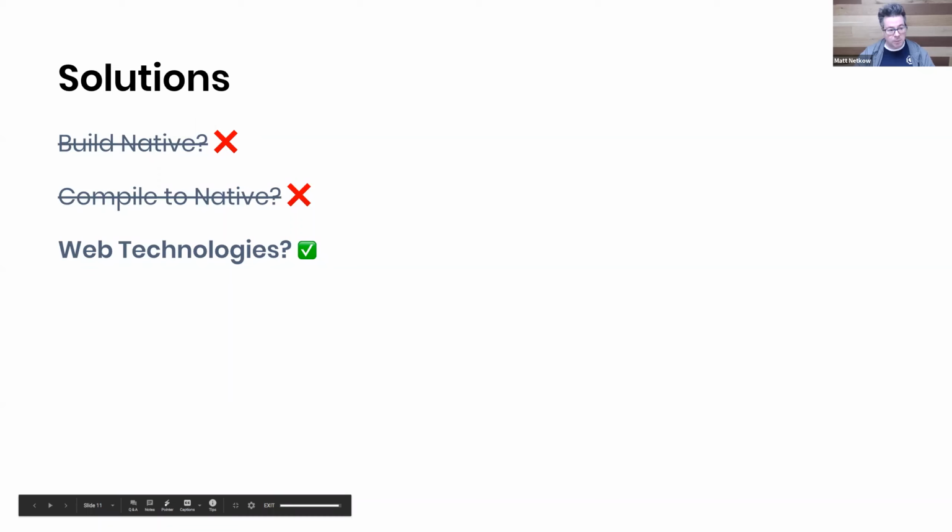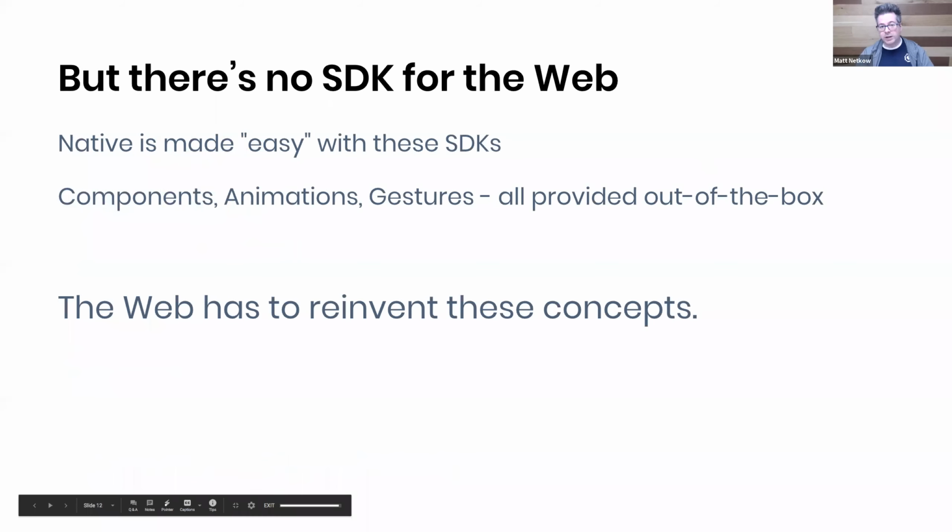But there is one little issue where native and the other ones do stand out, and where they typically take the lead. And that's the fact that native is a little bit easier when it comes to repeatable components and building standard UI patterns, because they have software development kits, or SDKs, provided by Apple, Google, and others.